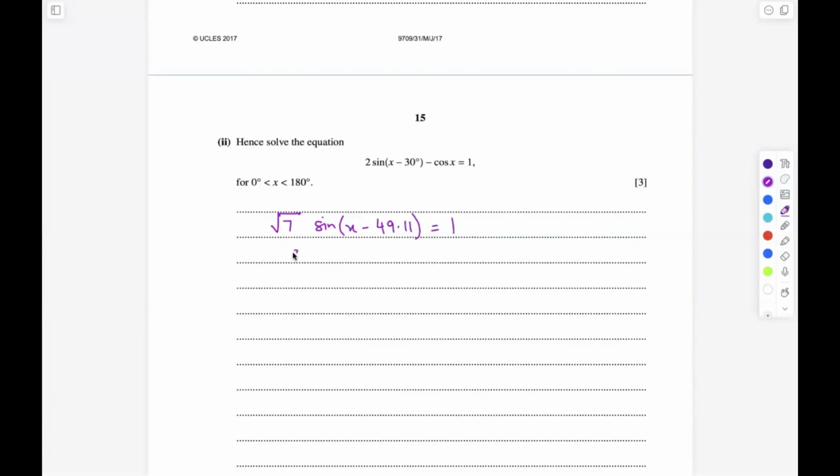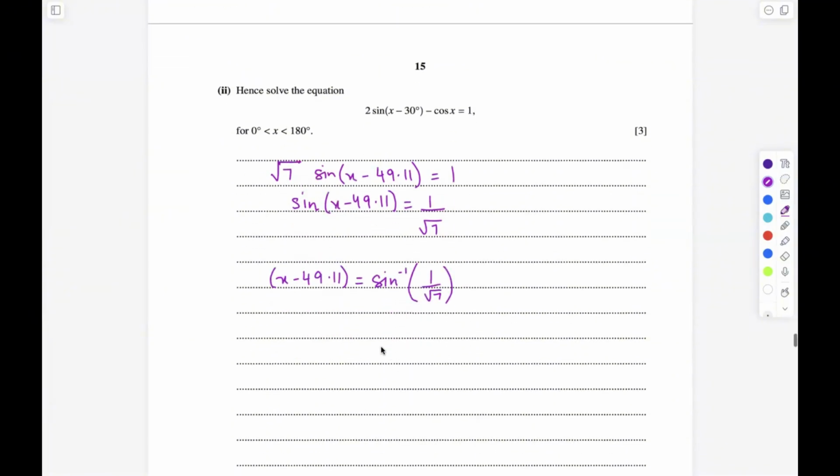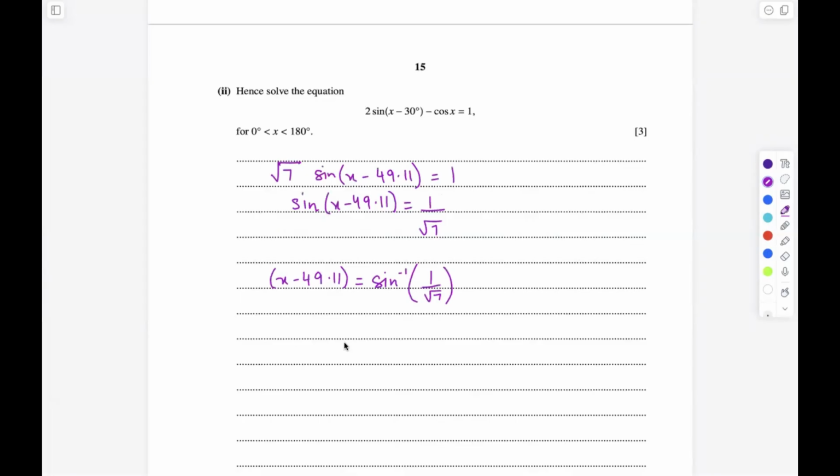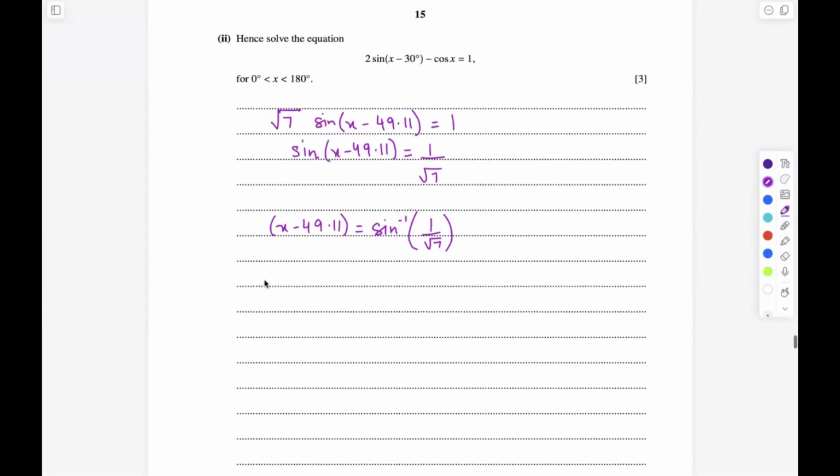Taking root 7 to the right hand side, we get sine of (x minus 49.11) equals 1 upon root 7. And finally, x minus 49.11 will be equal to sine inverse of 1 upon root 7. So we'll get the basic angle, which will be 22.21.